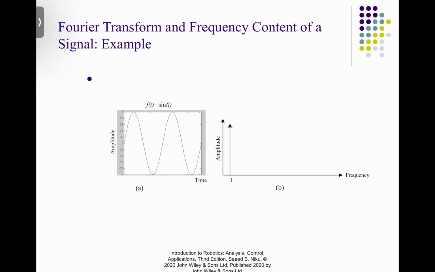Now, to find out the amplitude versus frequency representation of a repeating signal, we use something called the Fast Fourier Transform, or FFT. FFT is a mathematical algorithm to find out frequency versus amplitude.